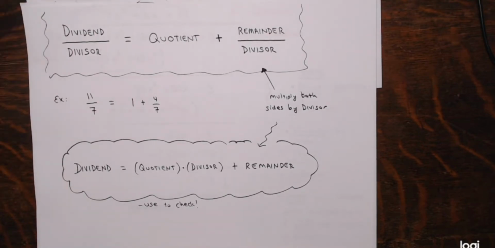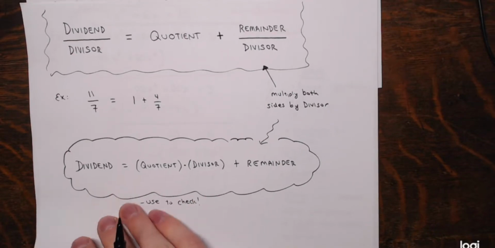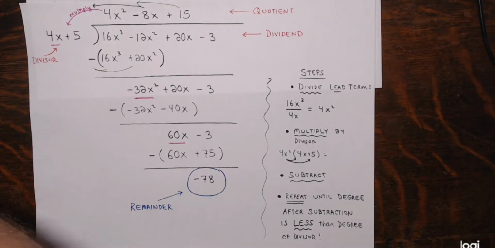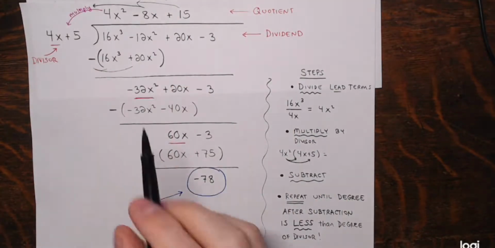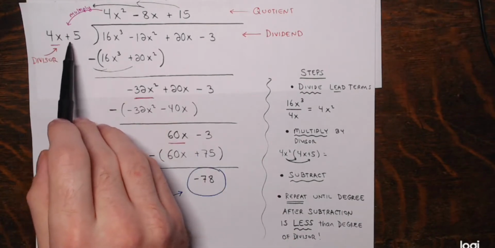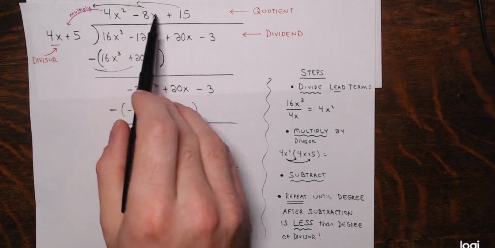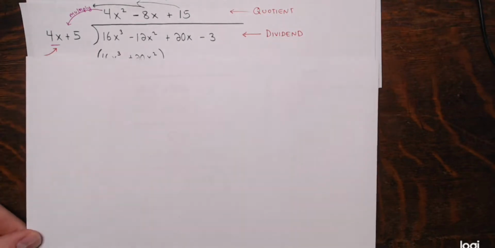So for this particular example, when I did all this, we have the dividend is this degree 3 polynomial, the divisor is this degree 1, we have the quotient is this degree 2, and the remainder is this constant. For this example, we can write the following.